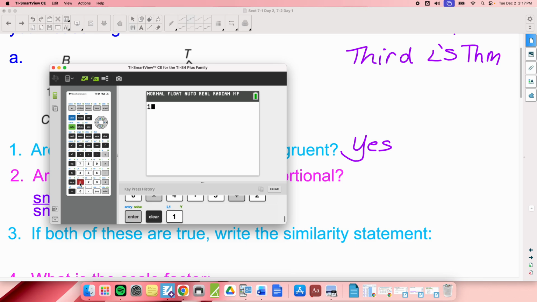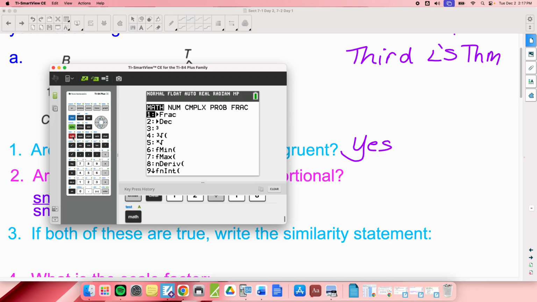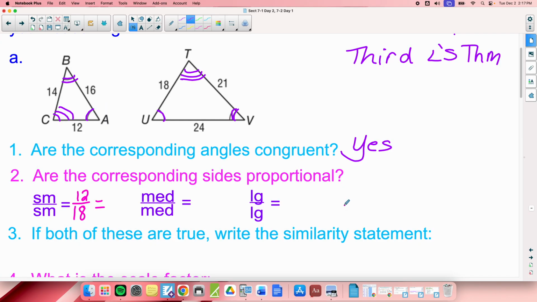You can go 12 divided by 18, and then you hit this math key right there and hit enter twice, and it will reduce any fraction for you, okay? So that's 2/3, and some of you might be like, oh, I don't need that, I can do that in my head. Great.